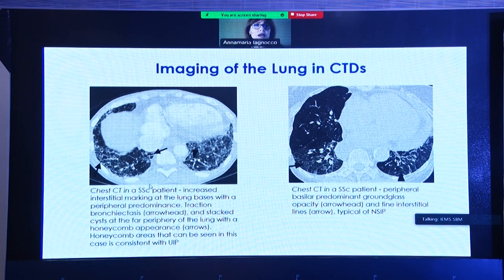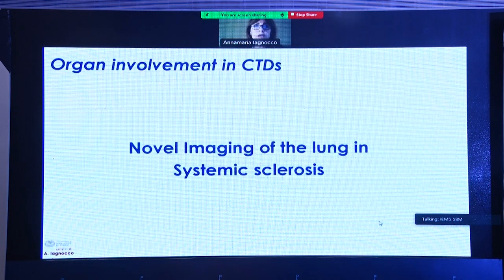On the left, interstitial pneumonia. But we can apply also novel imaging modalities for assessing lung pathology in systemic sclerosis.